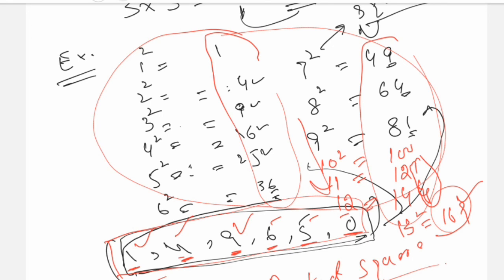Then we can say exactly it's a possible perfect square. Like if you have a question 89896, no need to calculate it. You see the last digit is 6. When you have last digit 6, that means it can be a perfect square.